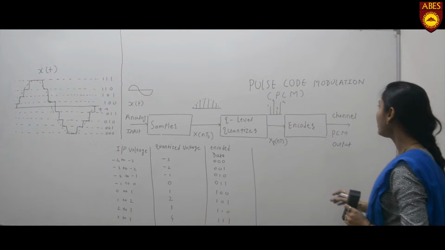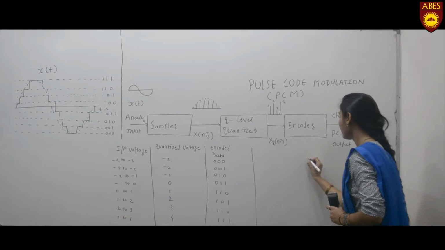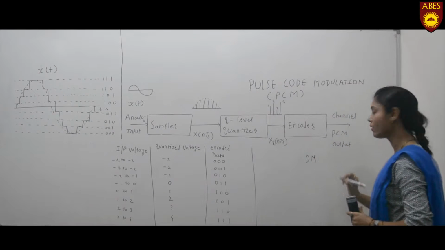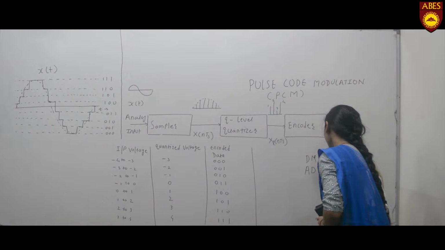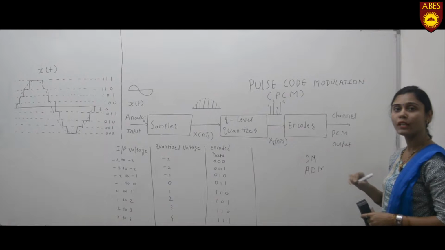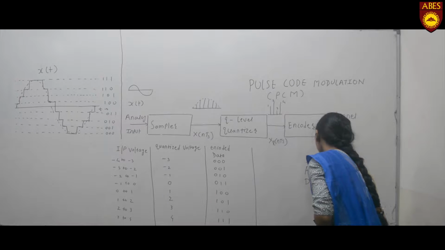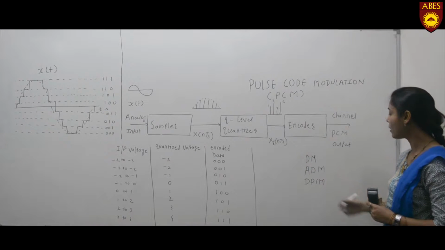Okay, for example, the first one is the PCM, the second one is delta modulation, next is adaptive delta modulation, and the next is differential pulse code modulation.